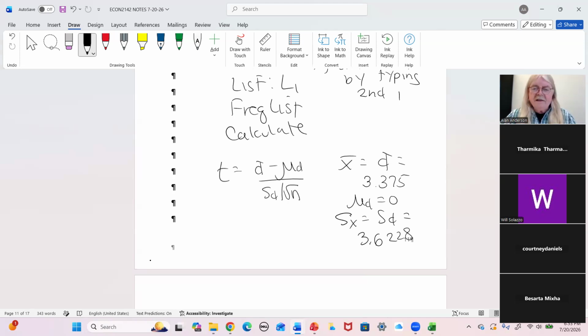And then n, of course, is 8. There's 8 observations. That's going to give us our T statistic.